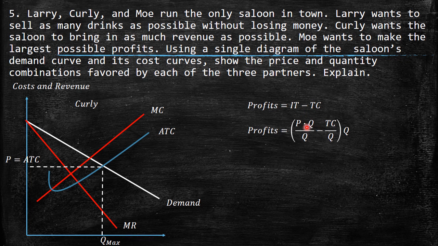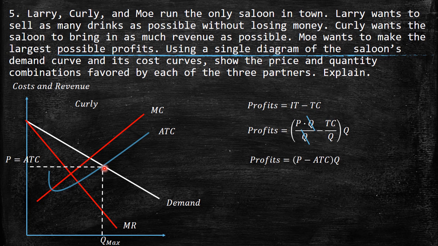Your total revenue is represented by P times Q, and the total cost is total cost. Then you can do a trick: you can multiply by Q and at the same time divide these two terms by Q, so it's exactly the same. You can cancel out Q, and the total cost over Q is the average total cost. So when the price is equal to the average total cost, your profits are going to be 0. So you can sell until the price is exactly equal to the average total cost.